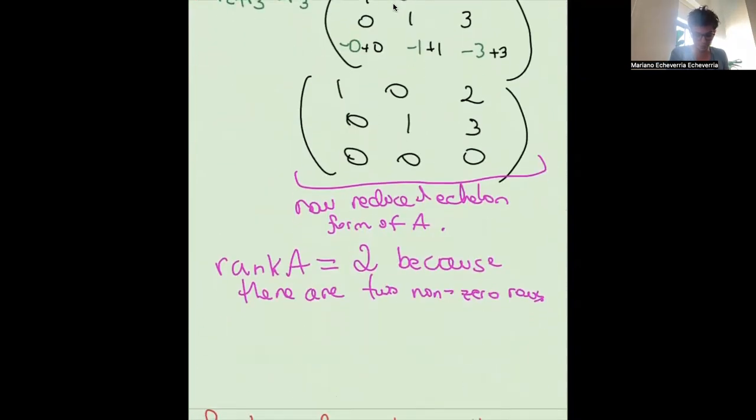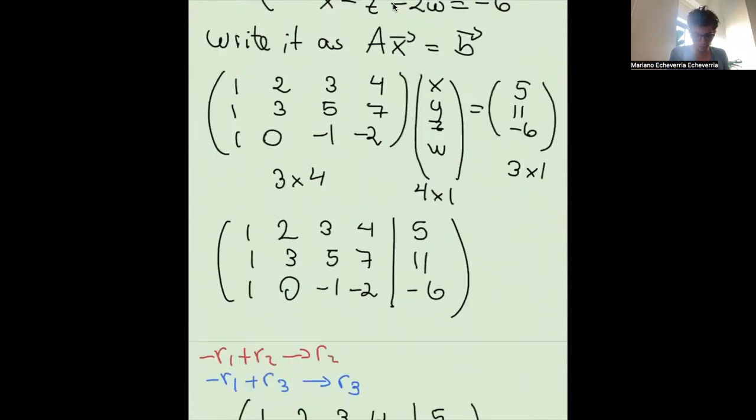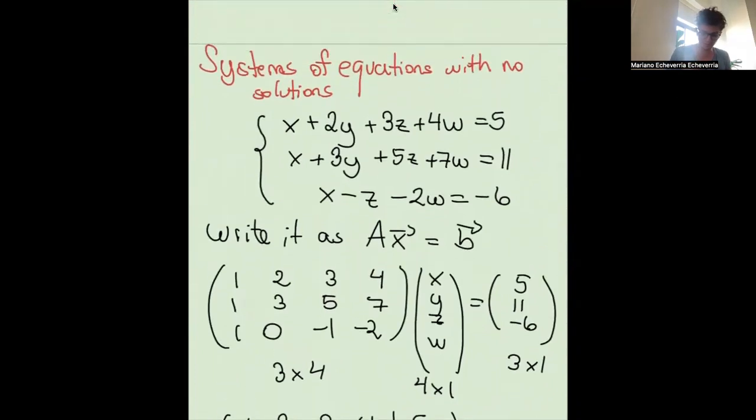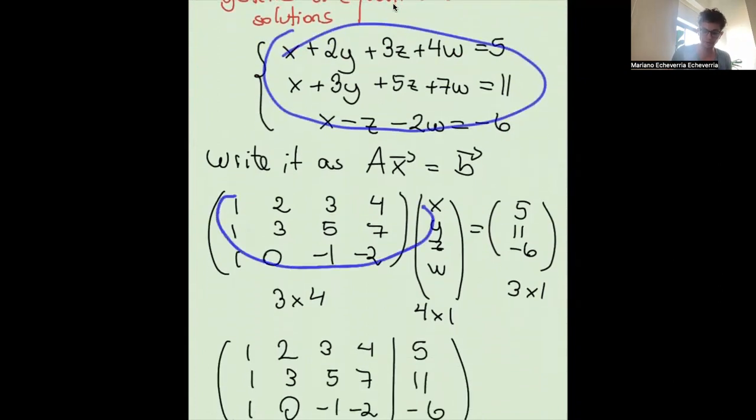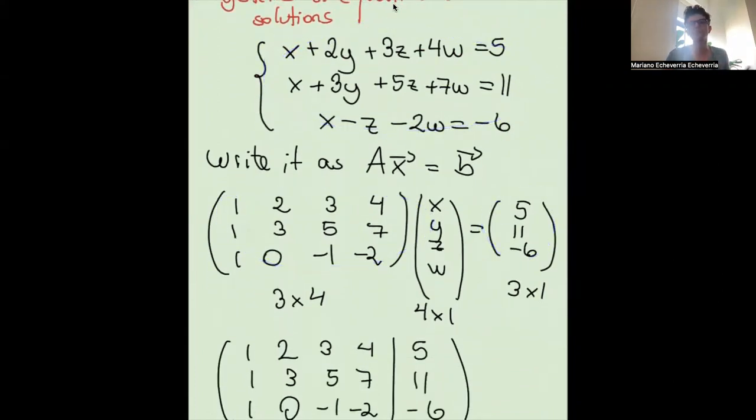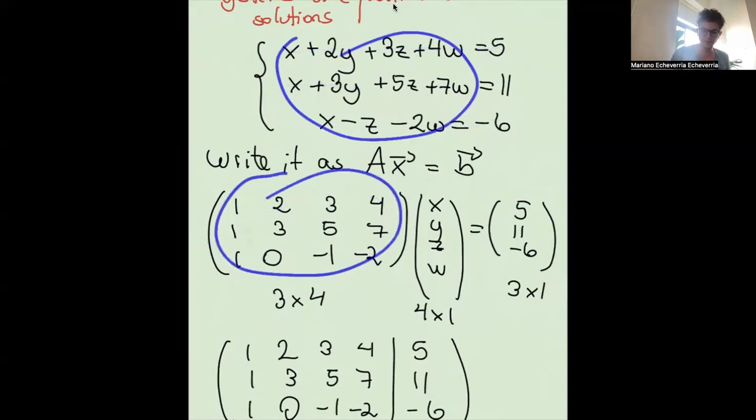So for example, when we were reducing this system, you start with the system of equations. The first thing you always have to do is rewrite it in matrix notation. That's easy because it's just literally copy-pasting the coefficients that you see here. The numbers here go into this matrix and the numbers here go into this vector.